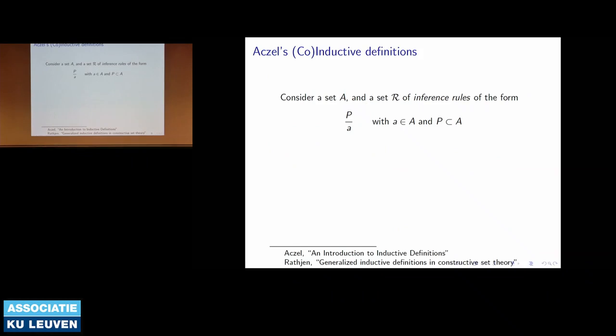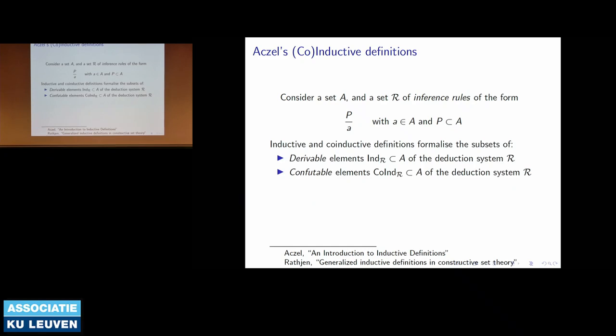For the proof-irrelevant case, we looked at an established notion in axiomatic set theory, due to Aczel. And it is really simple. It just formalizes the following idea, that if you have a kind of internal deductive system in your theory, so a set of inference rules of this form, this is something internal in your system. So we have rules with a conclusion and a set of premises.